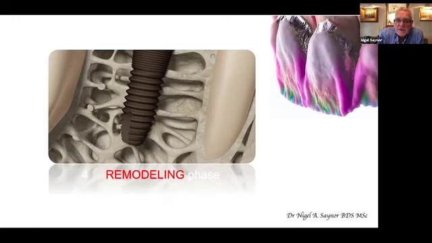So you've got to make sure that the occlusion is a constructive force for your implant. So remember the 4 phases that you have: the hemostasis, you've got your inflammatory phase, proliferative phase, and the remodeling phase. And use those phases within your treatment plan.